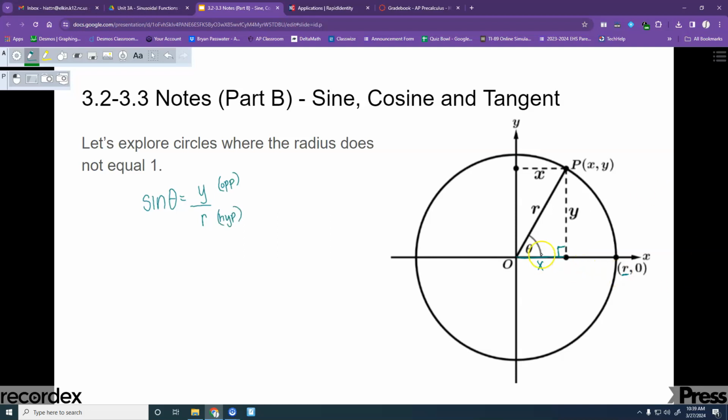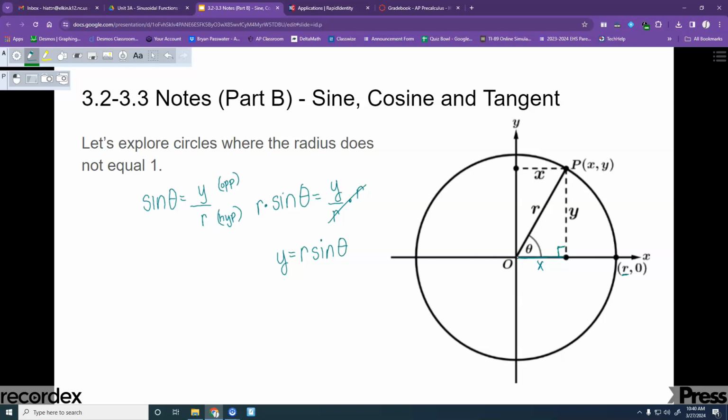If we look at that angle right there, y is the opposite side, and r is your hypotenuse. So if sine of theta equals y over r, would it be okay for me to multiply both sides by r? Cancel that r out like that. Okay, so that would mean that y would equal r sine theta.